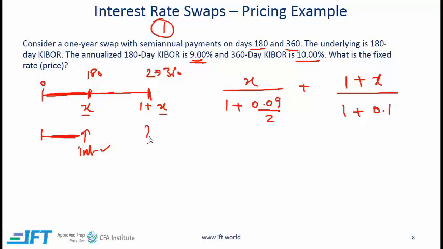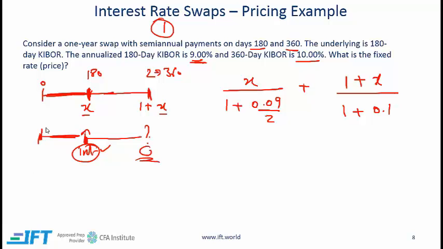Because the interest payment here is going to be based on the 180-day rate that is in effect here at this reset date. So you can't simply calculate the cash flows and take the present value because you don't know the cash flows. You don't know this cash flow. But what you do know is that for a floating rate instrument, at reset date, the value is equal to par.